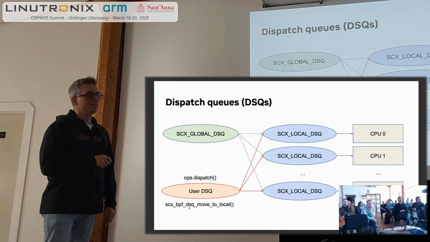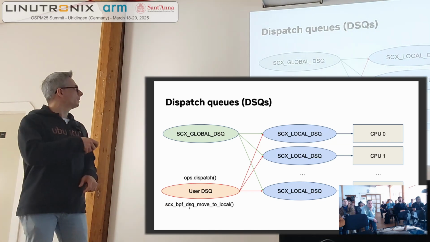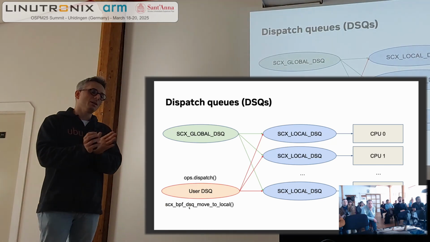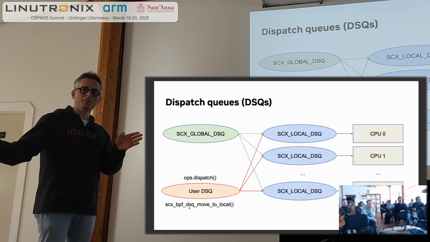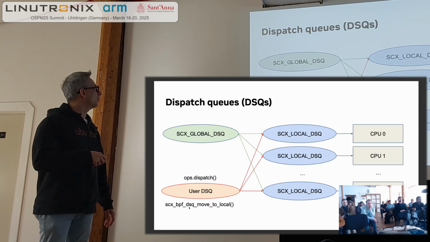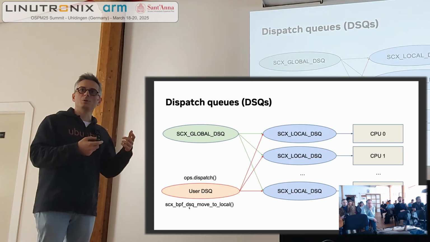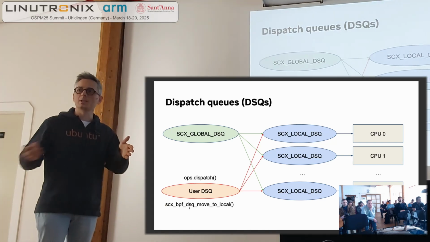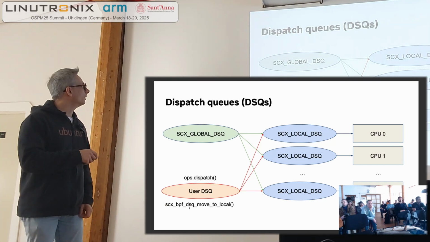There's also a built-in global DSQ that you see in BPF. You see this as a single queue, but on the backend it's actually split into multiple queues, one per NUMA node. One thing that I would like to add at some point is an option to set this as per LLC, for example, or define a different kind of granularity.